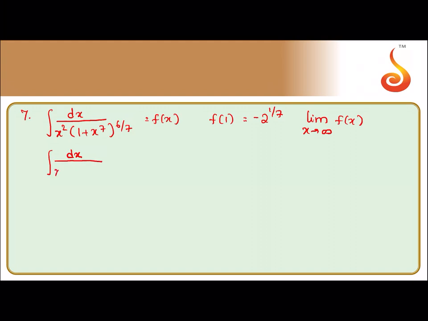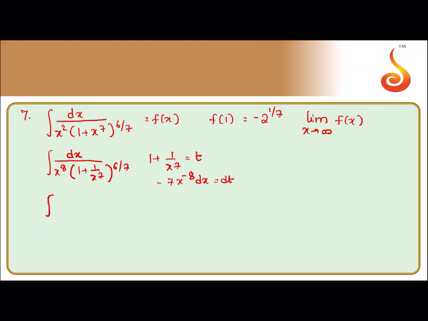Same way, highest degree, let us try. We take x to the power 7 outside. We get dx by, 7 will cancel, 6 will come. So x to the power 8, 1 plus 1 by x to the power 7, power 6 by 7. So 1 plus 1 by x to the power 7 is equal to t.